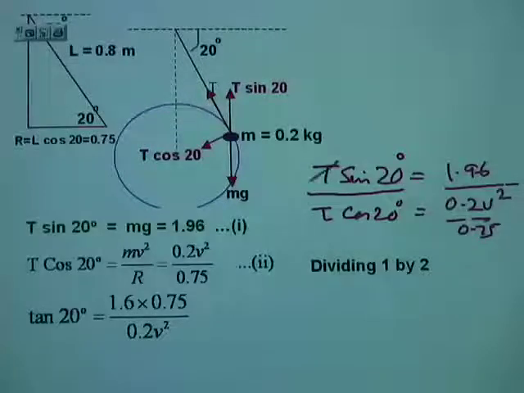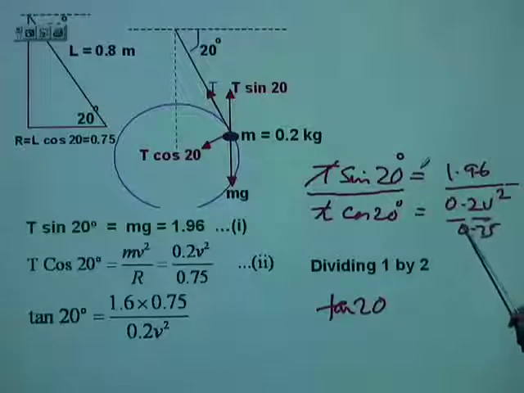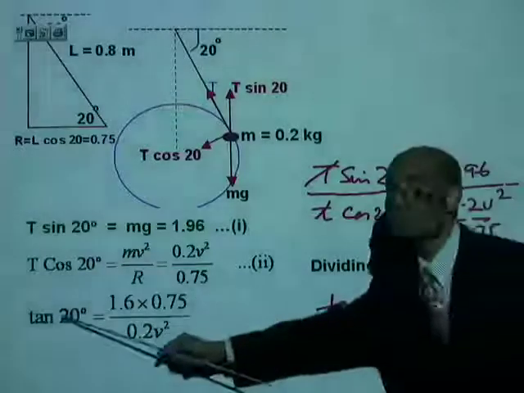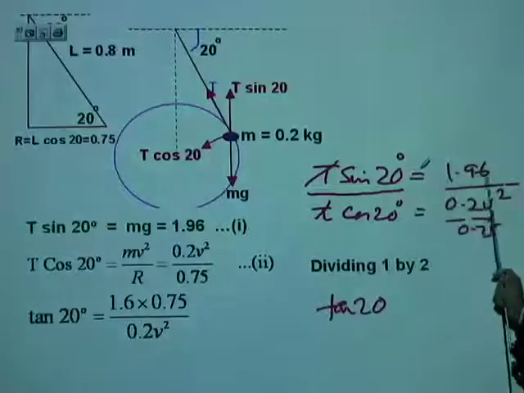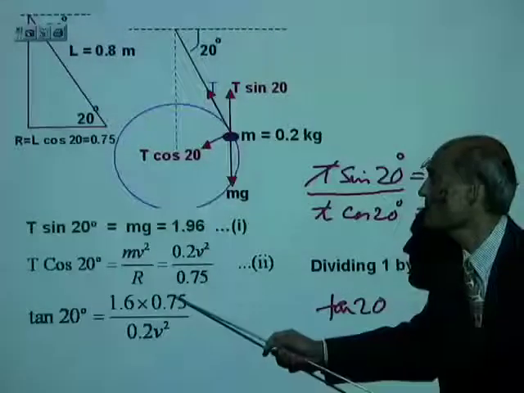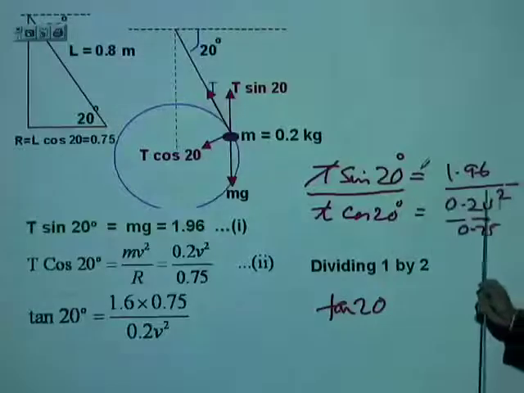Now there, T and T go. Sine 20 divided by cos 20 is tan 20. And here, when you divide a number by a fraction, this 0.75 will go up. That will be tan 20 equal to 1.96 multiplied by 0.75, and this will stay on the denominator.